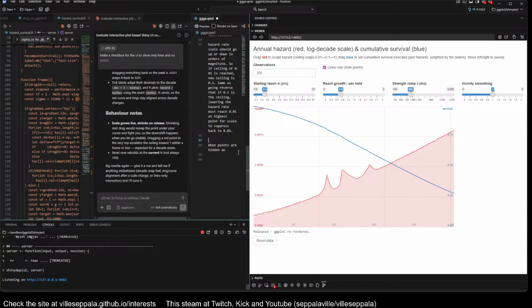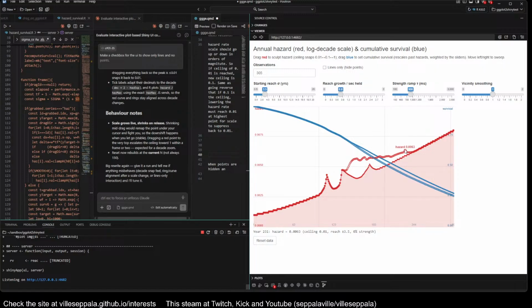Okay, maybe the thing is actually that they only have these lines in here, they don't have the lines for this drag.